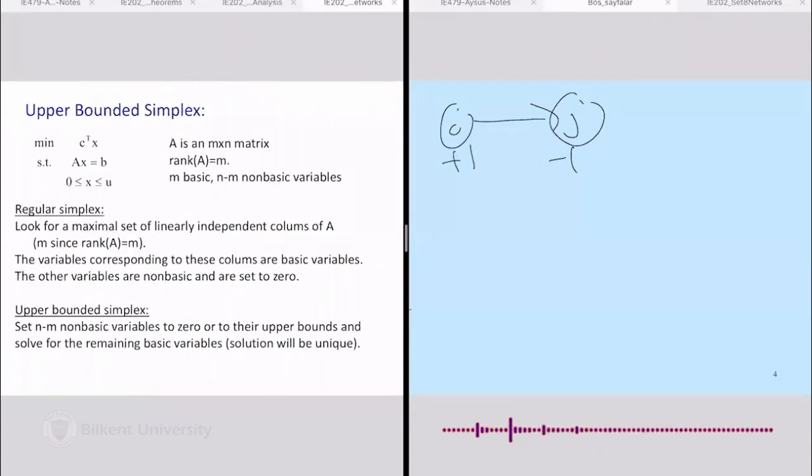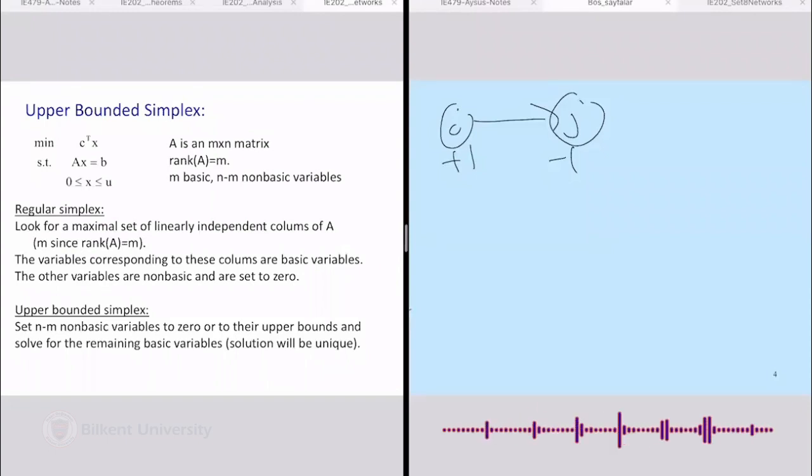Now we will be seeing a specialized simplex that works on networks, the network simplex, on MCNFP. But before going to that, I have to open a parenthesis in our regular simplex and tell you something.